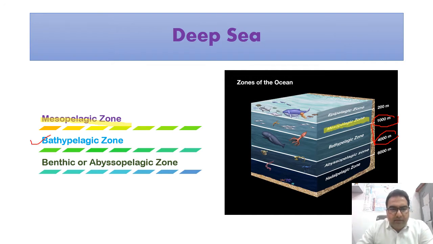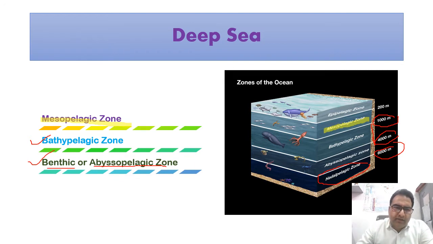Third, we do have the benthic or abyssopelagic zone. So the depth starting from 4000 meter up to 6000 meter, we call the abyssopelagic zone or the benthic zone. Then the depth below 6000 meter, we call the hadal depths. So we also call it the hadalopelagic depth.